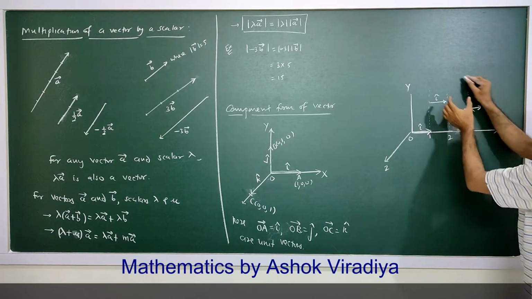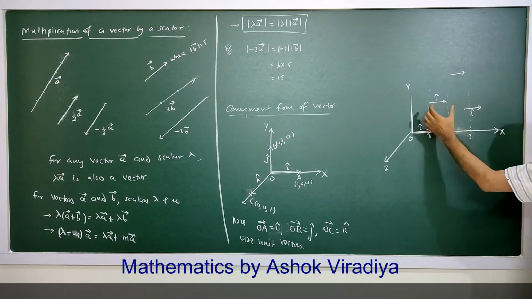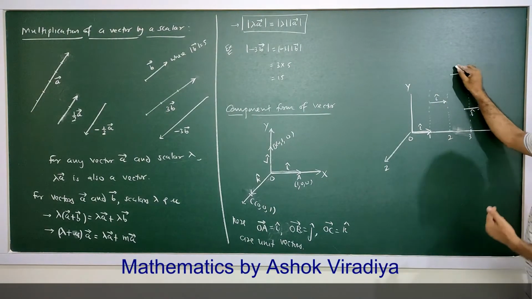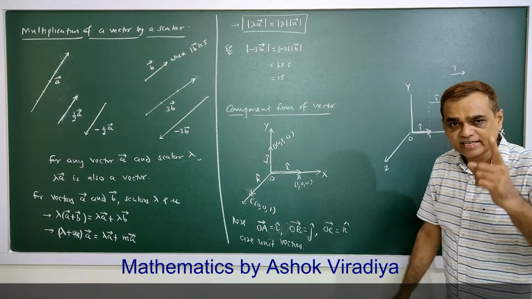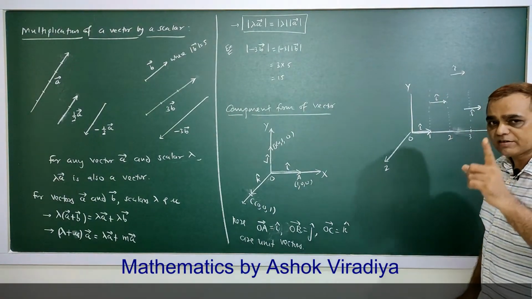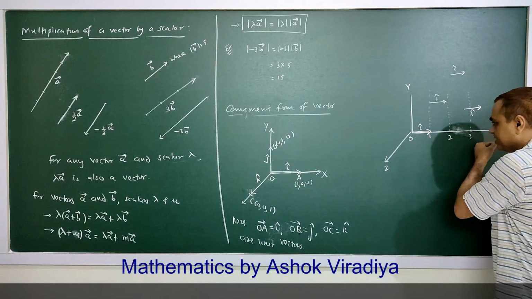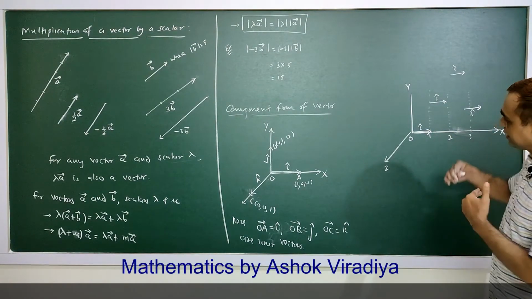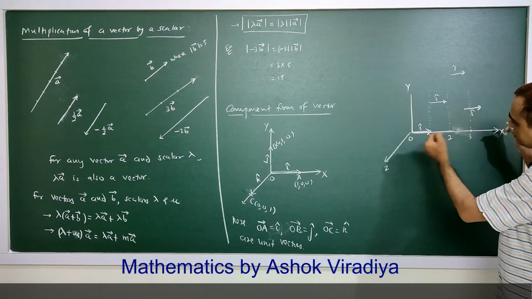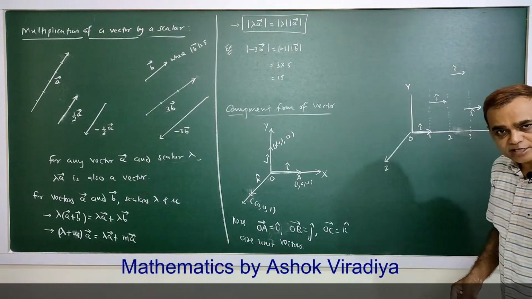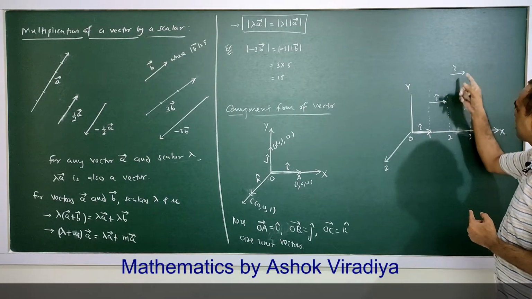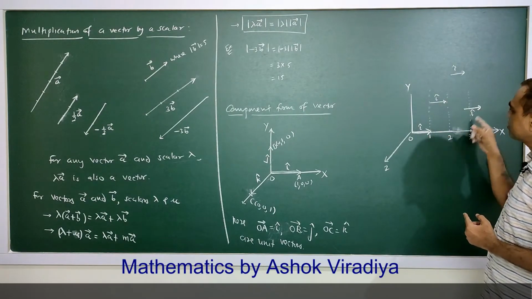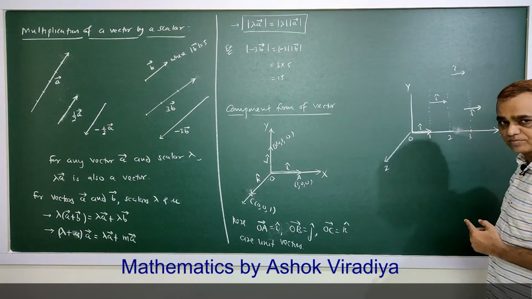This is i cap, this is i cap. If magnitude is 1 and direction is the same, it is i cap. So it does not mean that whatever you draw only on the X axis is i cap. It is not correct. Anywhere, copy, paste, don't change direction, keep magnitude 1. These same vectors are not different, they are i cap.